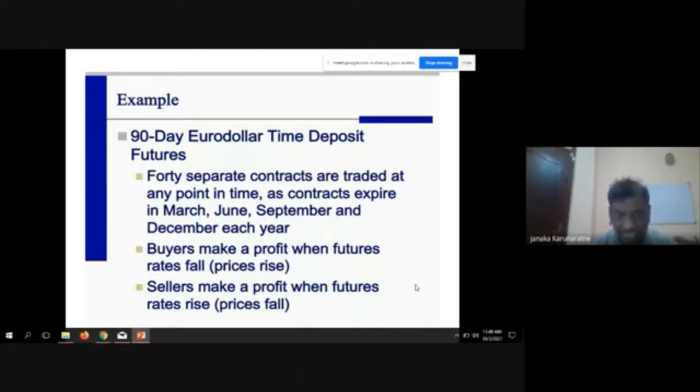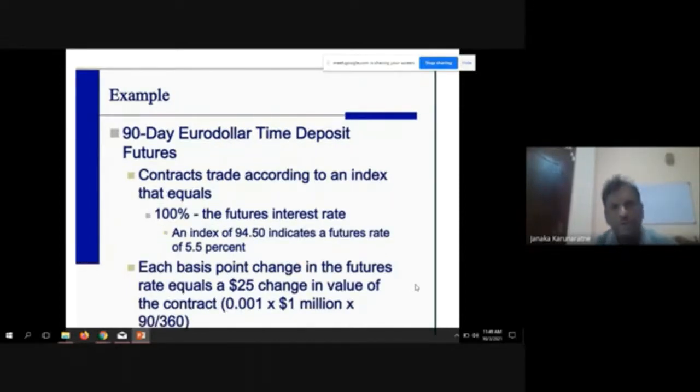Buyers make a profit when futures prices rise or the interest rate falls. Sellers make a profit when futures prices fall or the interest rate rises. 90-day euro-dollar time deposit futures contracts trade according to an index that equals 100% minus the futures interest rate.